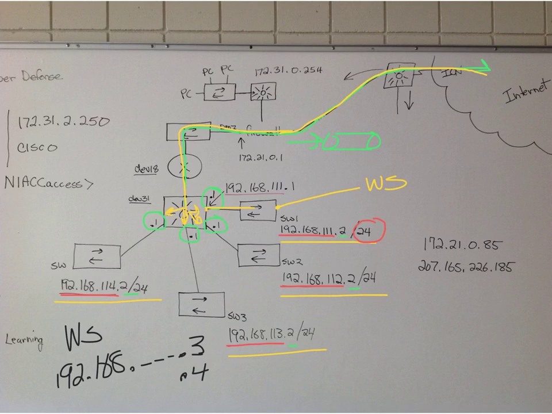Today we didn't talk about this device doing NAT right here, and then the firewall is doing NAT. Let me back that up there. The firewall is doing NAT to a public address out here on the internet.